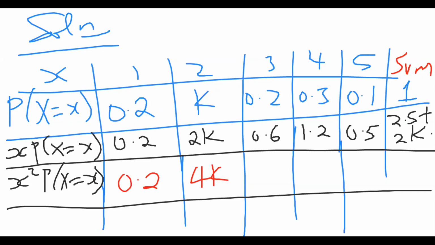We'll have 9 times 0.2, that is 1.8. X squared times the probability, that is 4 squared, that is 16, and the probability, which is 0.3, which is 4.8. Then 5 squared times the probability. 25 times 0.1, that is 2.5.